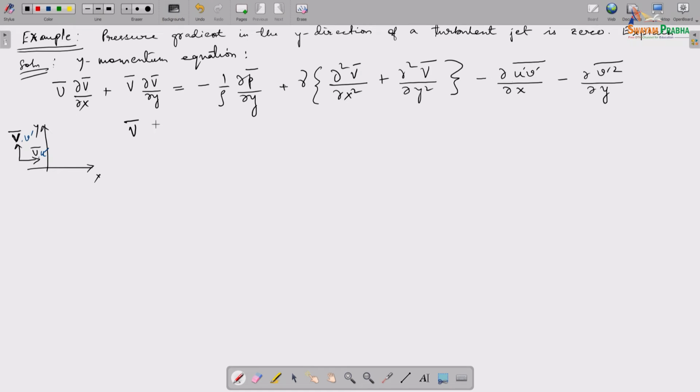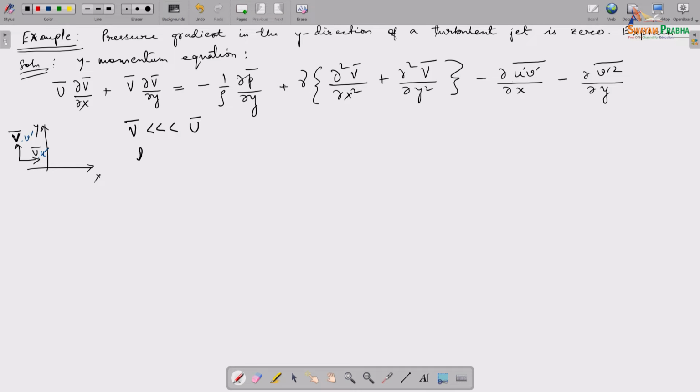The v component, or y component of velocity, is very small compared to the u component of velocity in the x direction, right. So almost insignificant. So essentially what we are saying is that the v component is much smaller than this, right.